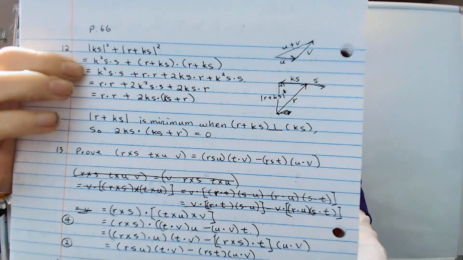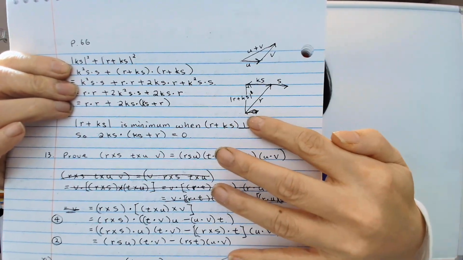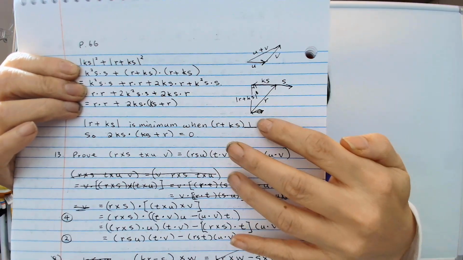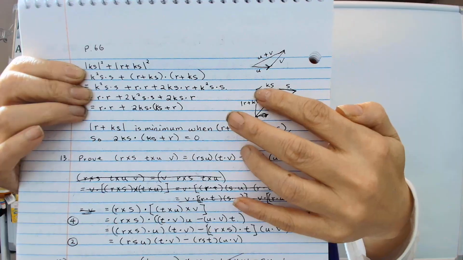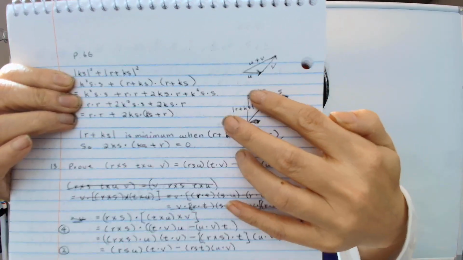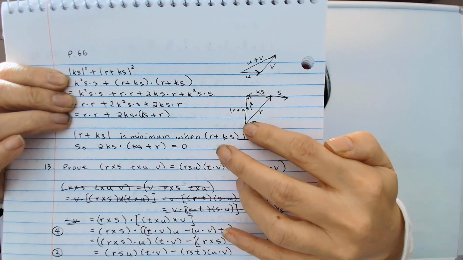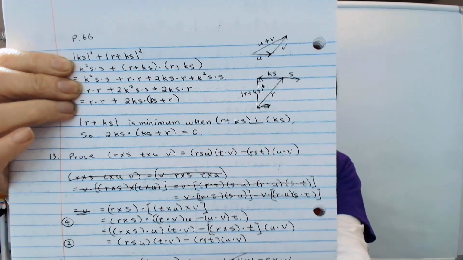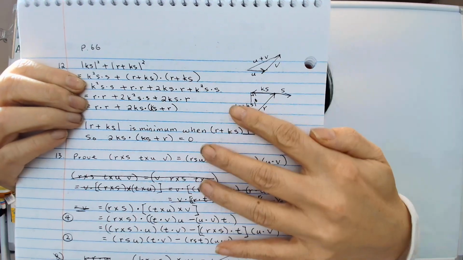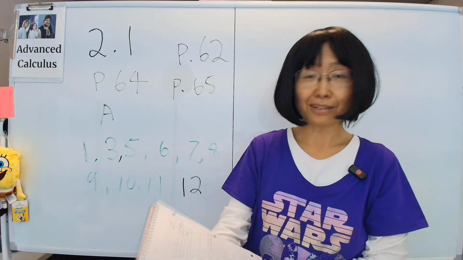The question is, how do we minimize R plus Ks? Well, the only way this is going to be minimized is if it is perpendicular to Ks. That is, you draw Ks backwards, and from the base of R you drop a perpendicular line to Ks. That distance is R plus Ks, and that will be the minimum. That was done a long time ago.